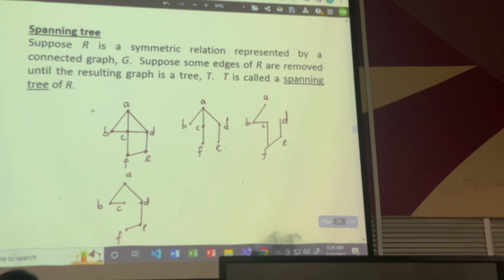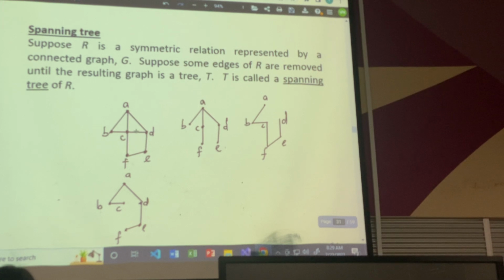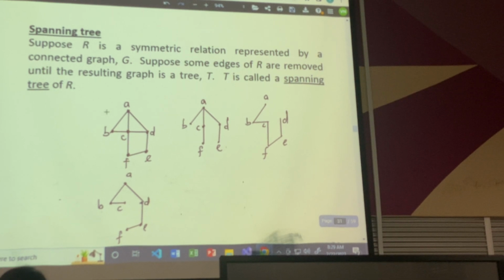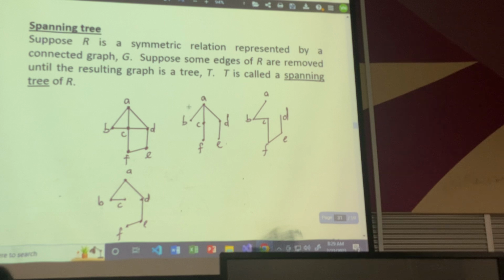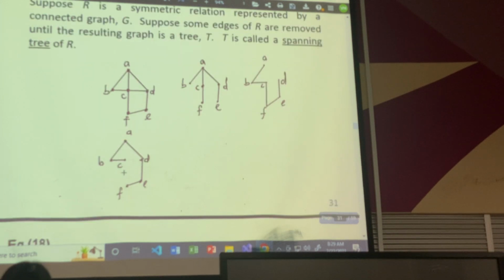Meaning that the original graph is cyclic, and by removing the edges, we change it so that it becomes acyclic and connected. So this undirected tree, we call it a spanning tree. Understand? Okay. So we have many different ways to get the spanning tree.